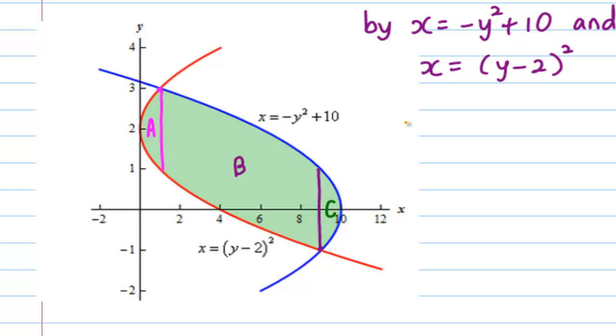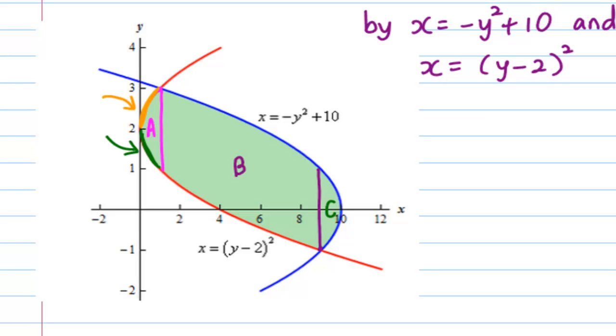In this case, let's look at region A. Region A, this part here in orange is the upper curve, and this part here in green is the lower curve. So if we want to integrate with respect to x, finding region A, we need the equation of this orange portion of the curve and as well as the green portion of the curve.